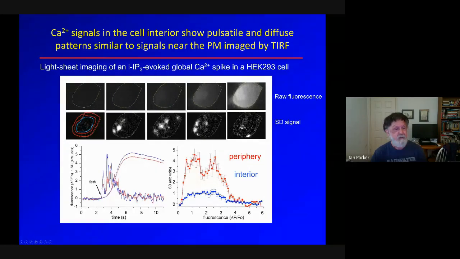They're both doing very much the same thing. Puff sites in the cell interior show the same kinetics as those around the periphery. And on average, the signals we're getting from the cell interior are appreciably smaller than from the peripheral puff sites.